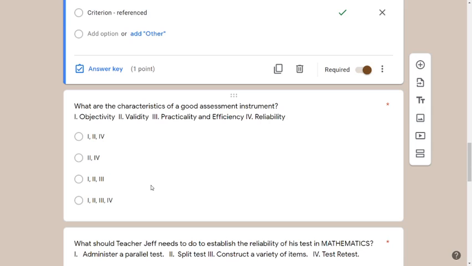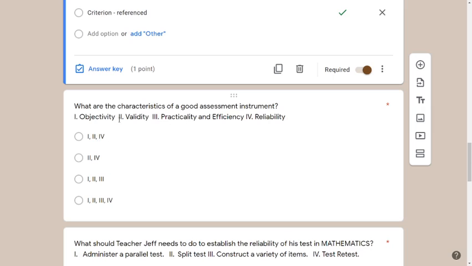Okay, so now let's check. Obviously objectivity is present, validity is present, reliability is present. So as you can see here, 2 and 3. So we have to choose between 2 or 2 and 3. Okay, so this is out. It's between 2 or 2 and 3.